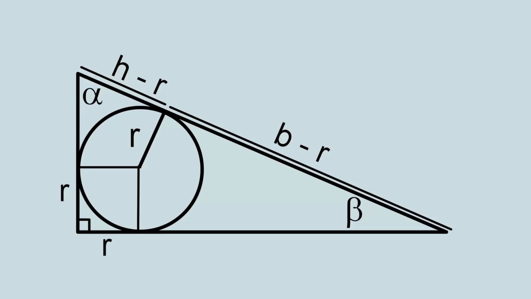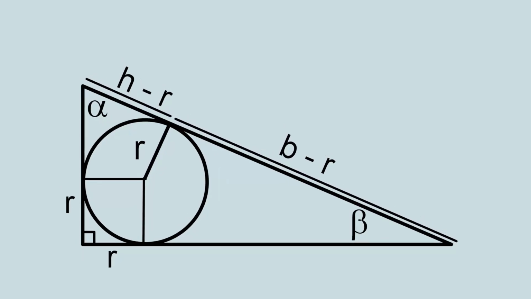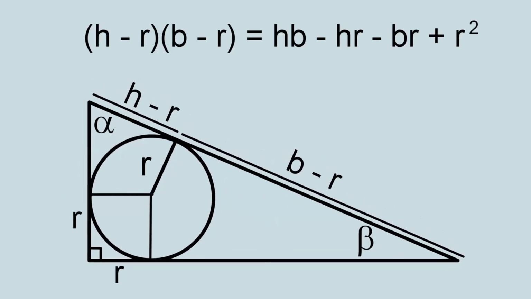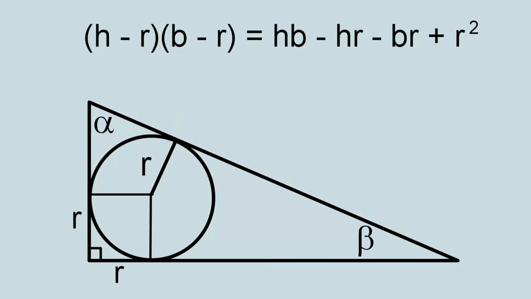So this allows us to see that the hypotenuse is in fact equal to H minus R plus B minus R. Now, if we were to multiply H minus R times B minus R, we would get the expression HB minus HR minus BR plus R squared.